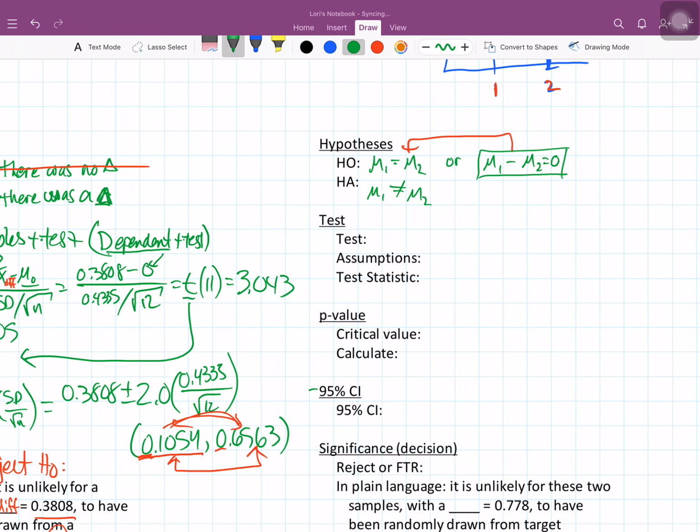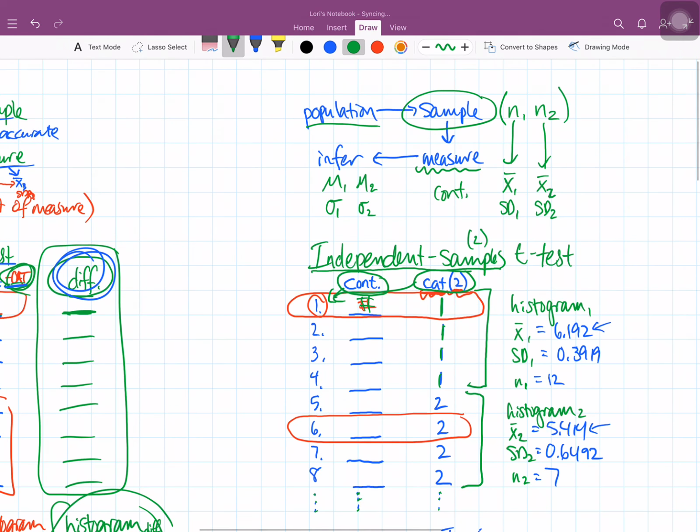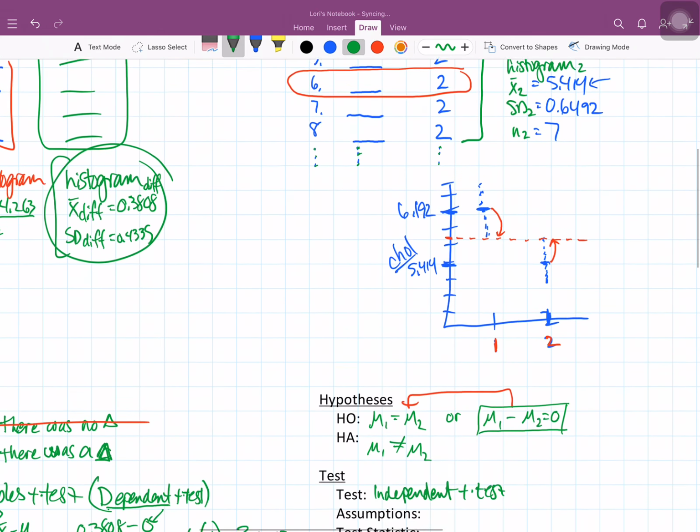In terms of the test, this is where we're going to say an independent t-test. Some people will call it an independent samples t-test, and that goes back to the idea that we took two independent samples from our population.